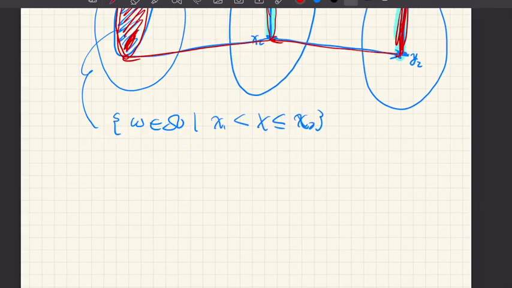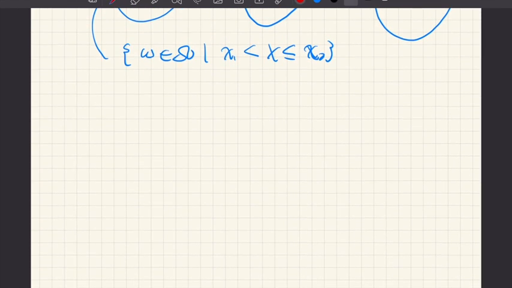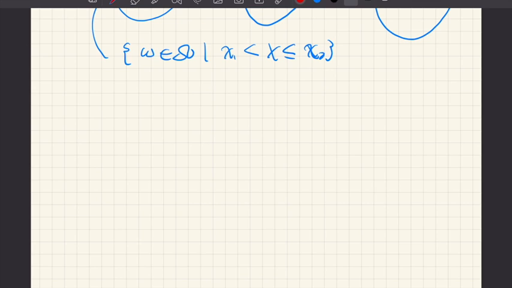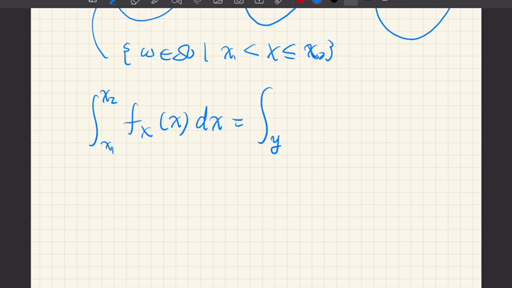So that means if we integrate from x1 to x2 the density function of x, and integrate from y1 to y2 the density function of y, these integrals should be the same. Okay?